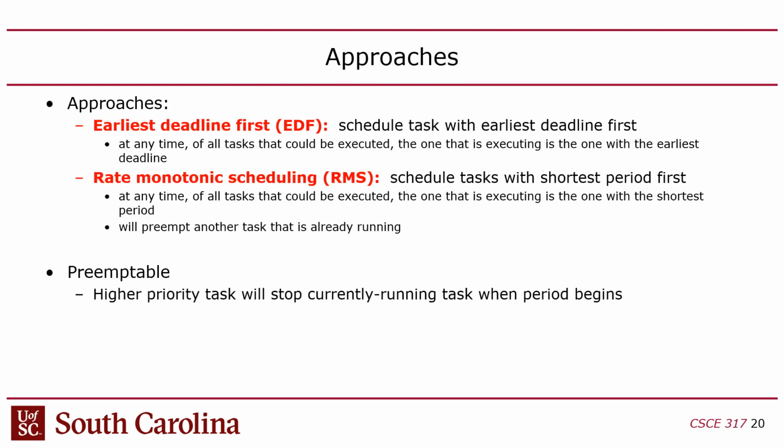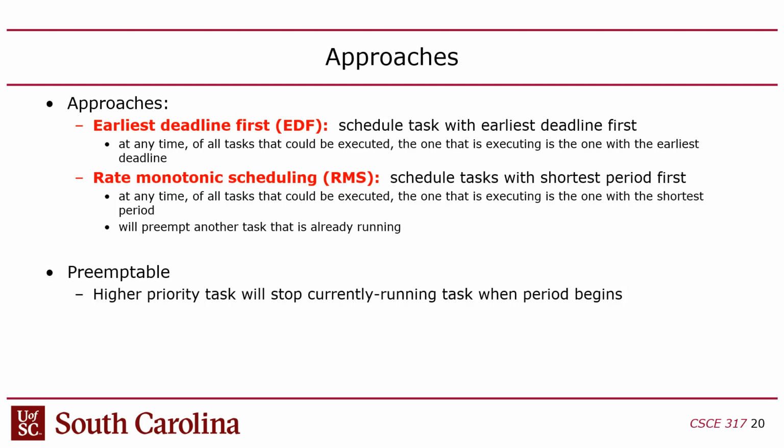Okay, so there's two main approaches for doing periodic preemptive real-time scheduling. The first I kind of alluded to earlier is earliest deadline first, which is where you schedule each task with the earliest deadline first. Now you might say, well, that's common sense. That's easy.